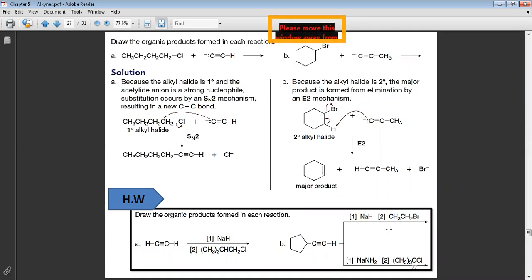I told you before that you have to be careful about the type of the alkyl halide: primary, secondary, or tertiary. Then you can decide whether substitution or elimination will happen.